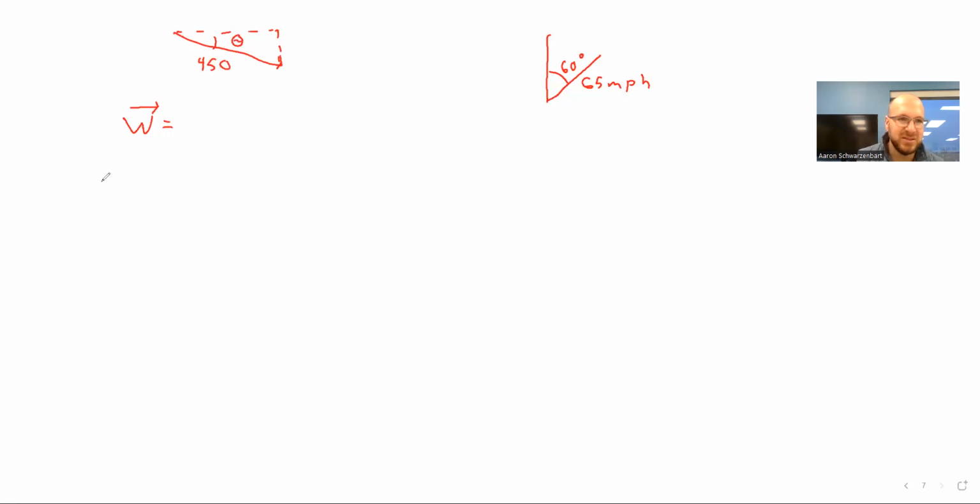Okay, so first thing I'm going to do is get my components for this one over here. So that's 60 x, y, not 60, 65. 65 is my magnitude. 65 cosine. Angle in here is 30.